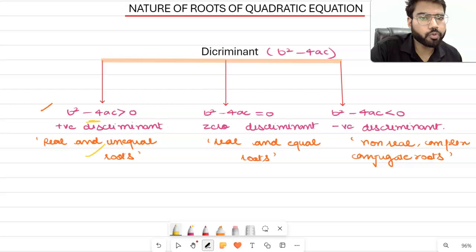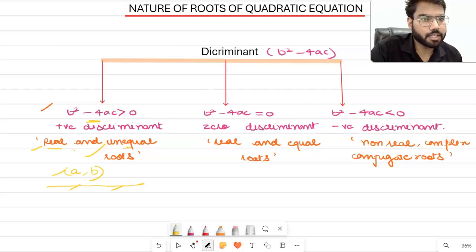In that case, we will have real and unequal roots. That means we will have two roots, and both roots will be real numbers, but two different real numbers. So if one root is a, then another root will be b, but they can be plotted on the real axis. So this is the first case.